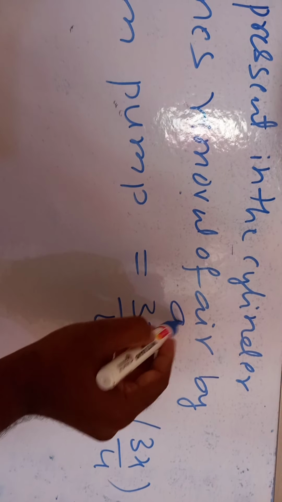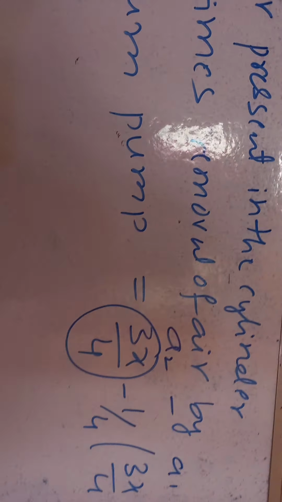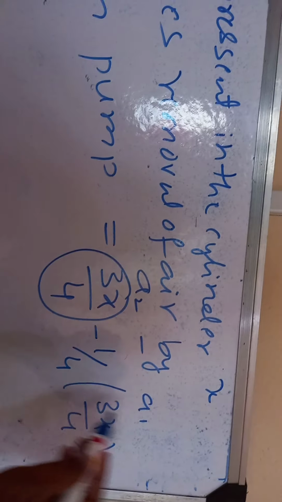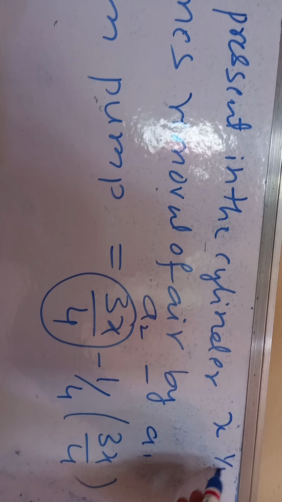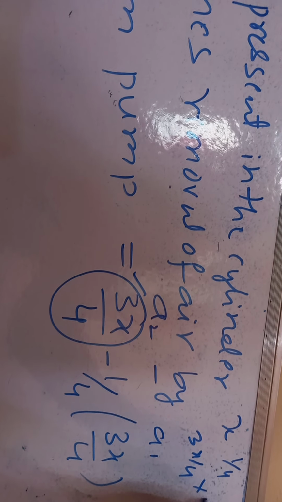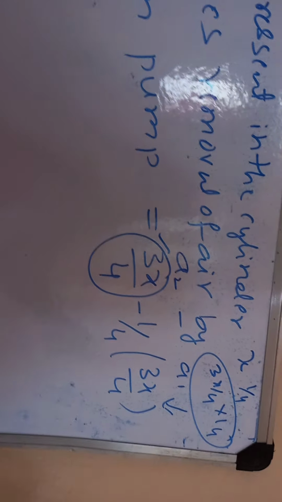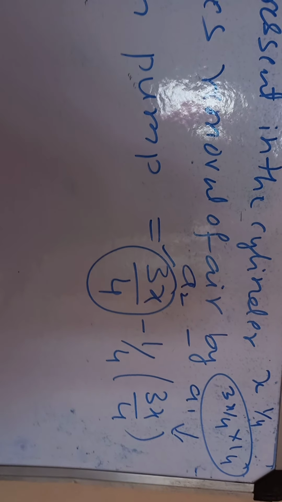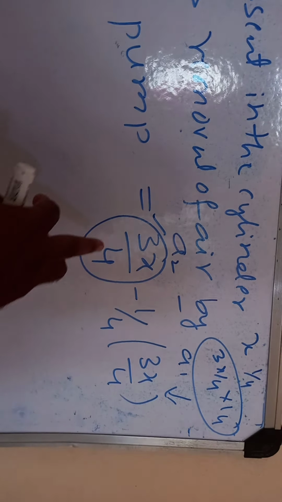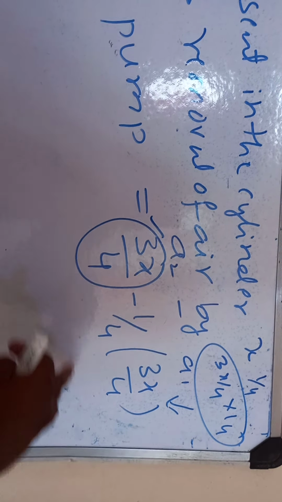This is a2, this is a1, this is 3x by 4 previous. Every time whatever air remains, again we are removing 1 by 4th. So second time this much remains, again 1 by 4th of this.